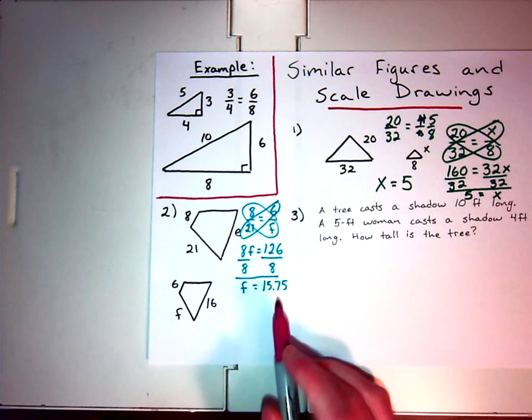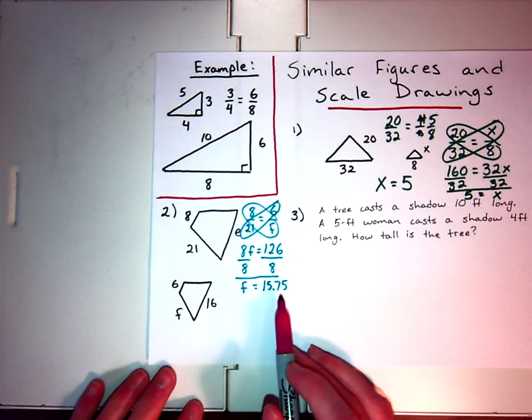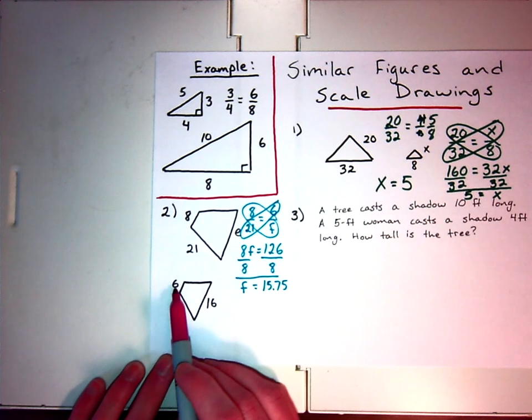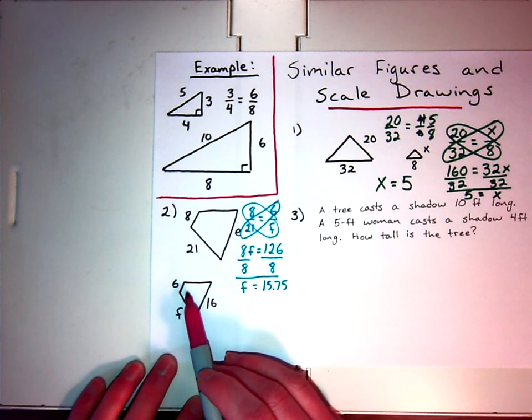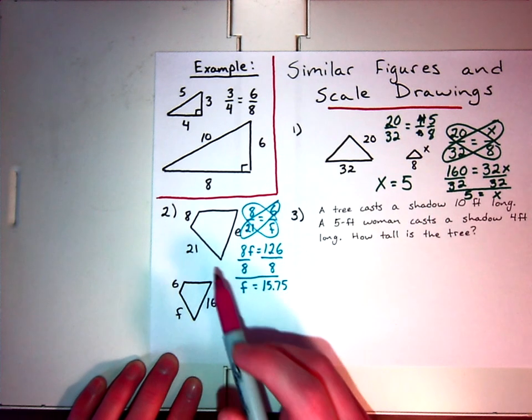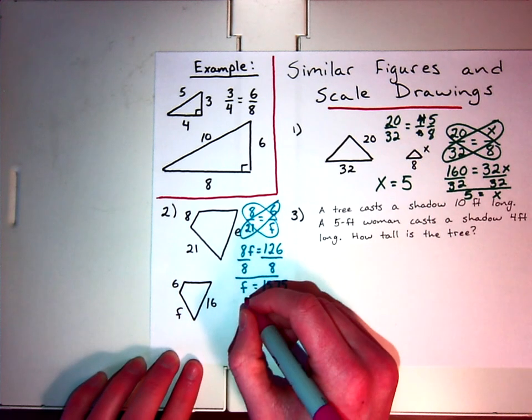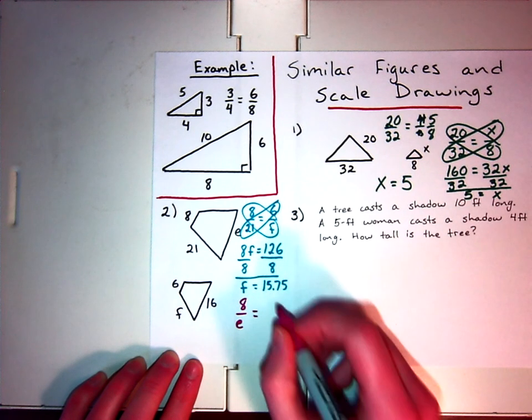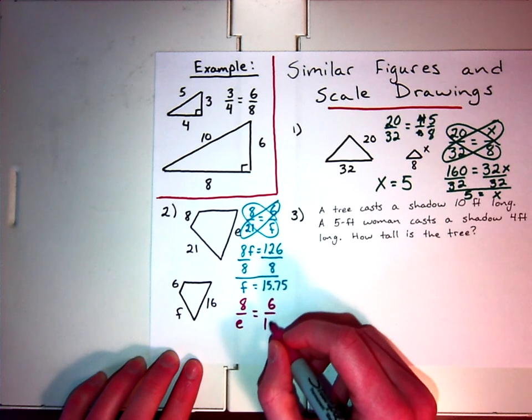Now, I don't really want to work with a decimal in my proportion, so I'm going to stick with the 6 and the 8, and I'm going to do the e and the 16. So let's do 8 over e equals 6 over 16.